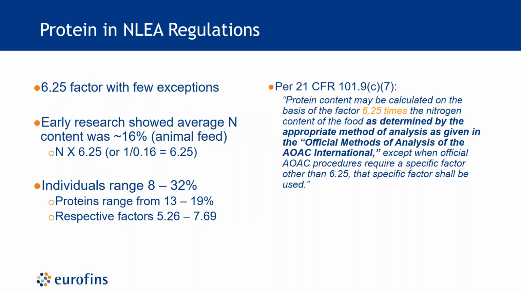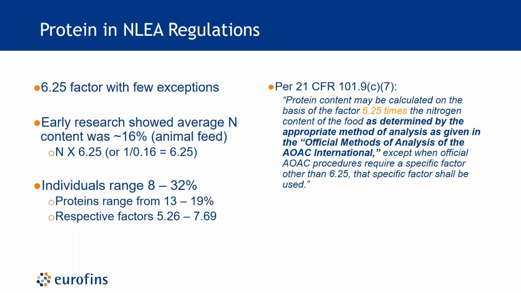I talked about on the last slide how protein is actually a calculation from nitrogen that is measured. I referenced that there's a factor that is used to calculate protein. Generally speaking, most of the time, 6.25 is the factor that is used to convert to protein. I have a snip on the right-hand side of the slide from the FDA's 21 CFR for nutrition labeling, which explicitly states that you need to use 6.25 as determined by official AOAC methods, unless otherwise specified.